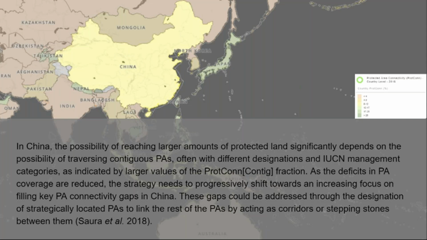Previous research indicates that as the deficits in coverage are reduced, the strategy needs to progressively shift towards an increasing focus on filling key connectivity gaps in China. These gaps could be addressed through the designation of strategically located protected areas to link the rest of the protected areas by acting as corridors or stepping stones between them. Next slide, please.